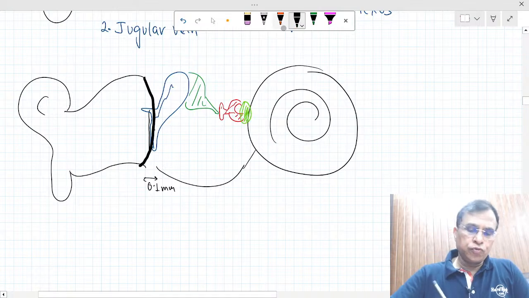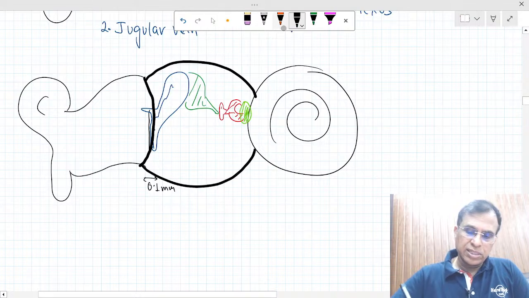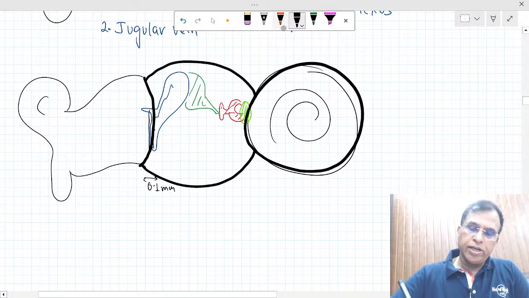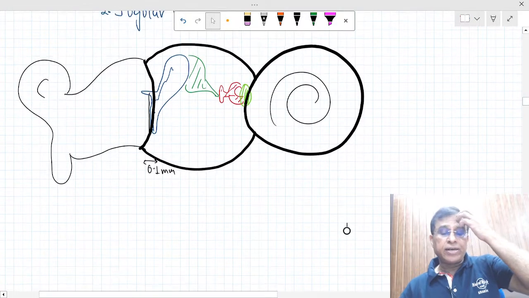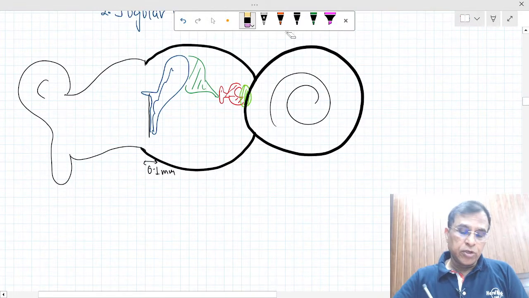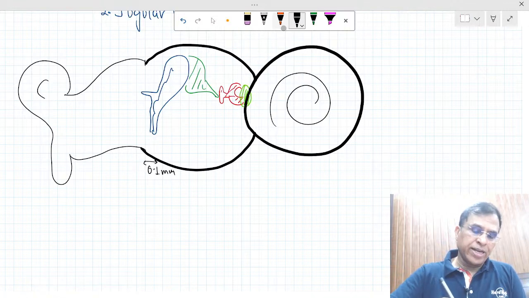This is the roof, this is the floor, and this is your promontory and the inner ear, right? Now if you look at the middle ear, the way I have drawn it, you understand now very nicely why it is called a biconcave cavity.